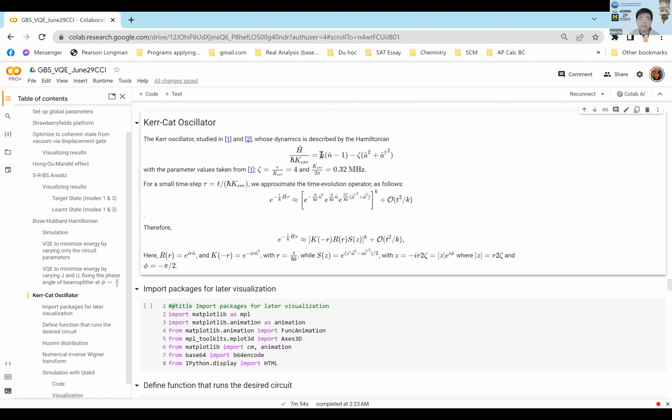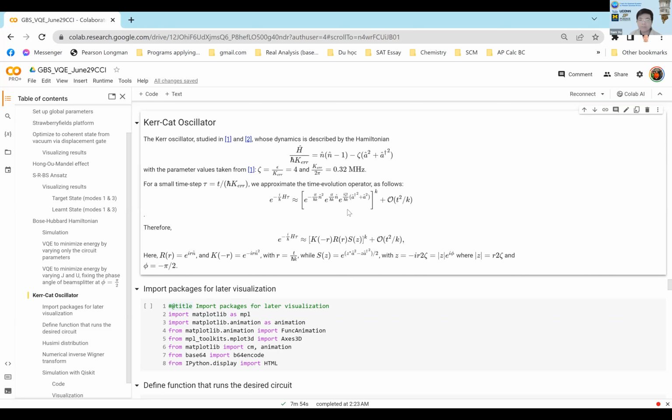So given this Hamiltonian of the system that we're looking at, we can decompose, or trotterize, the time evolution operator into smaller terms that look like this.